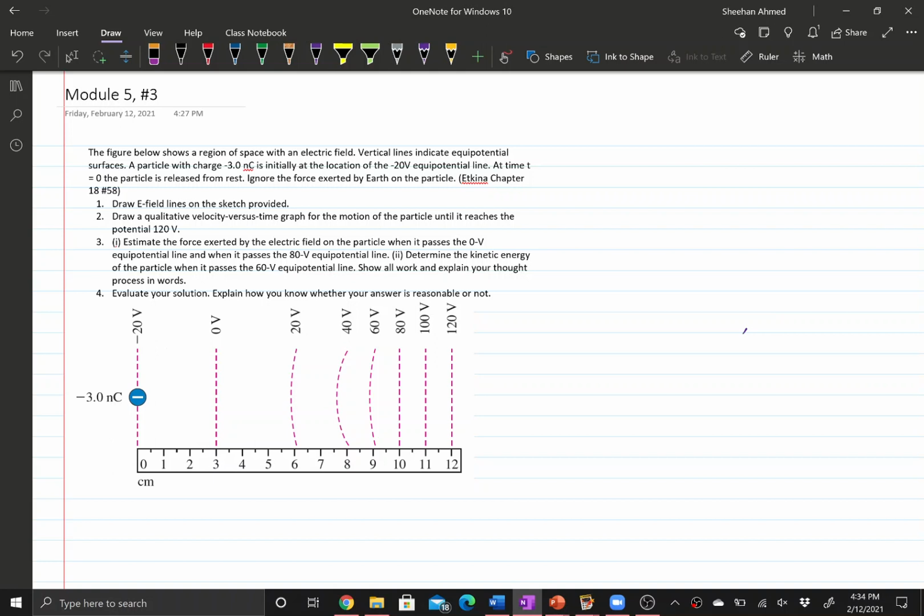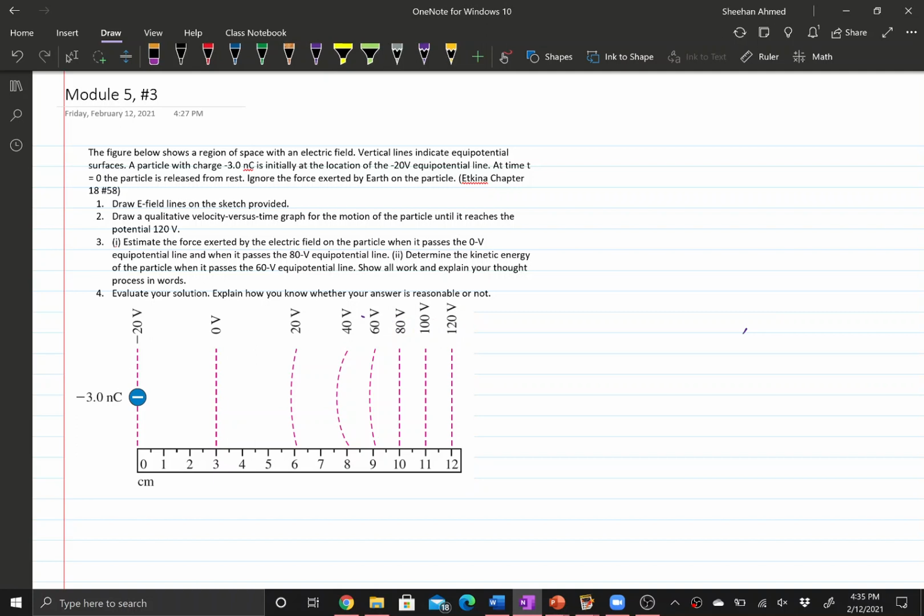Okay, so let's see how we would work this. As a general thing, I noticed that in this region over here, the equipotential lines are parallel. In this region over here, the equipotential lines are parallel, but they're more spaced out. If you notice, all of them have a difference of 20 volts, right? 120, 100, 80, 60, 40, 20, 0, minus 20.